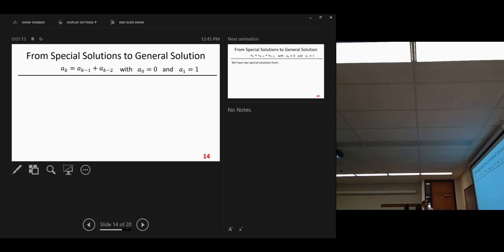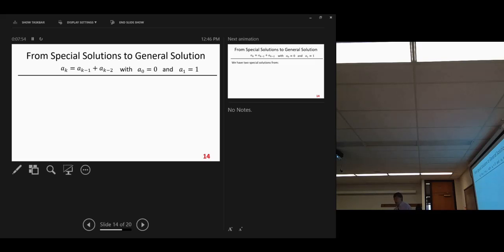Now, from special solutions to general solutions. Those t1 and t2 are two special solutions, without satisfying the initial condition. Now we want to write a general solution. There's another important step: from two special solutions, we want to write a more general solution.